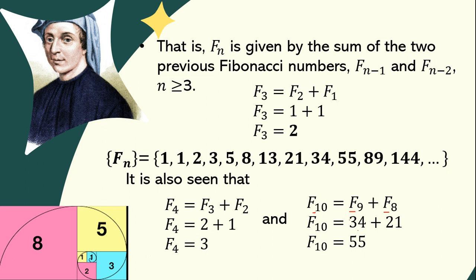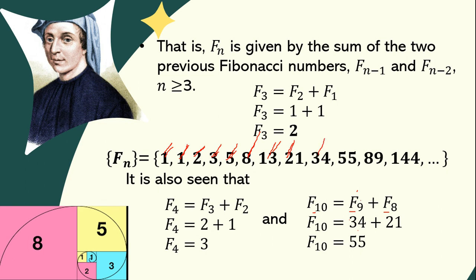So for f sub 9, we will base it here to make it easier. For f sub 9, we count 9 generations: 1, 2, 3, 4, 5, 6, 7, 8, 9.